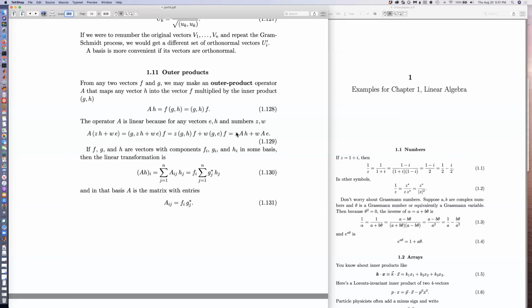And we could have taken this z and put it over here, and we could have taken the w and put it over there. But this makes things easier to read because the action of the linear operator on a number is trivial.